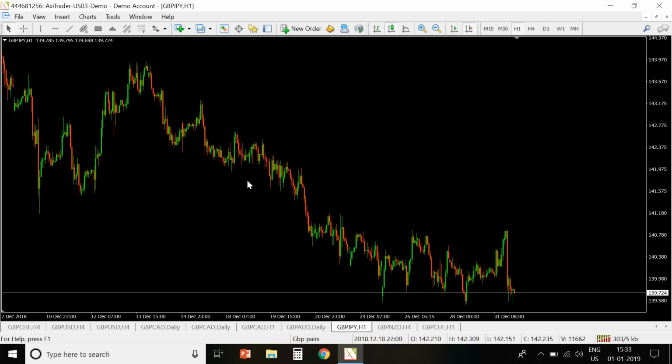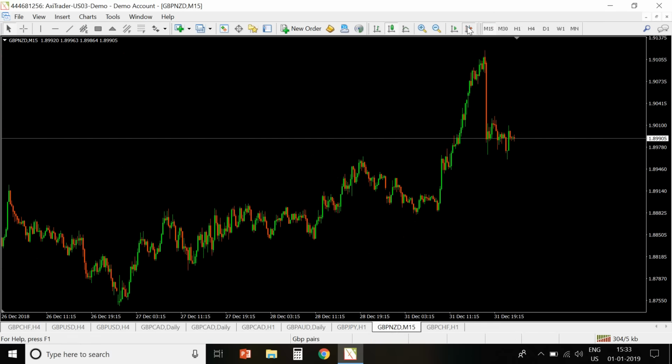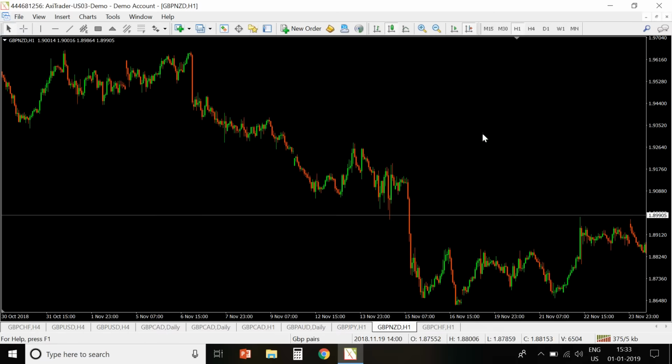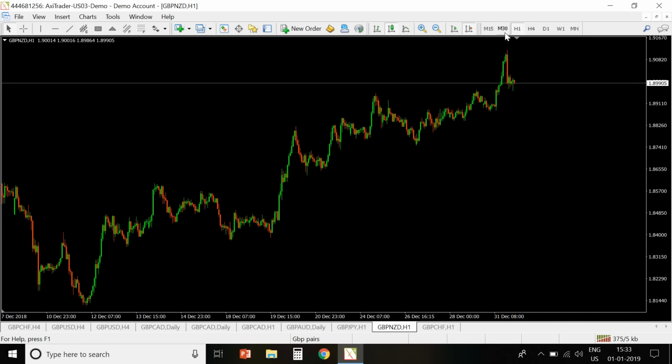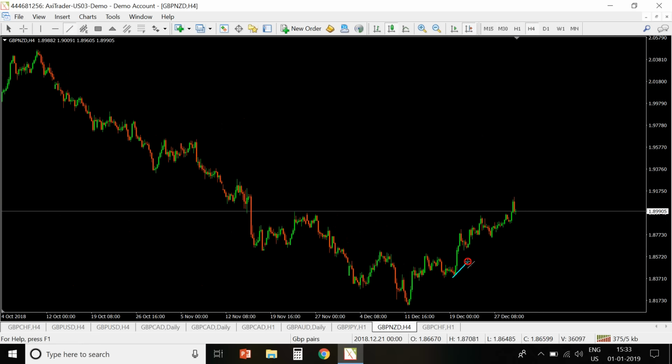See the same thing happening in GBP JPY also. See here, there's a signal here, GBP New Zealand. Same here. So compression pattern.